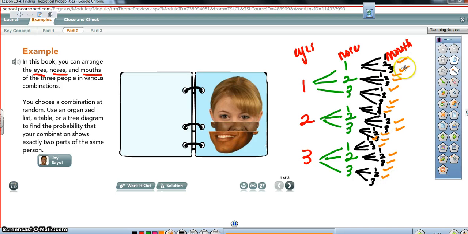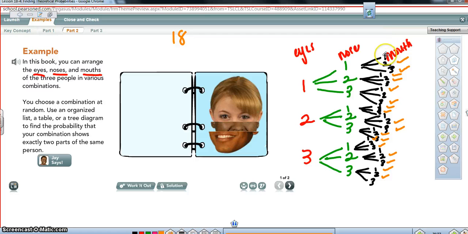So let's see, we have 1, 2, 3, 4, 5, 6, 7, 8, 9, 10, 11, 12, 13, 14, 15, 16, 17, 18 times that we got exactly 2 parts from the same person and 1 part different.